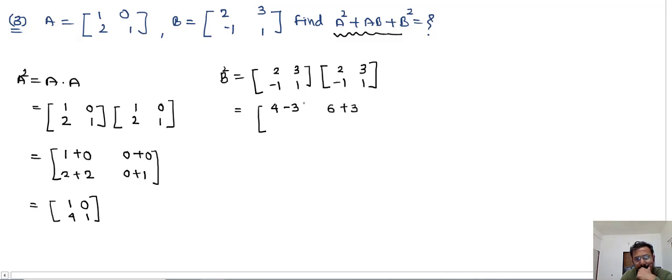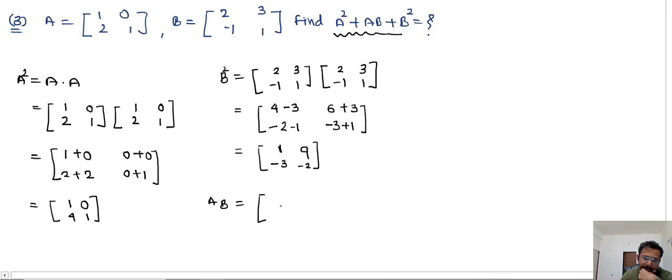So we have to find AB. So first A, [1, 2; 0, 1], and B, [2, minus 1; 3, 1]. First row, first column: 2 ones are 2, plus 0 into minus 1, so 2 plus 6 is 8... Second element: 3 ones are 3, 0 into 1, 0. 2 into 4, 1 into minus 1, minus 1. 2 threes are 6, 1 ones are 1.